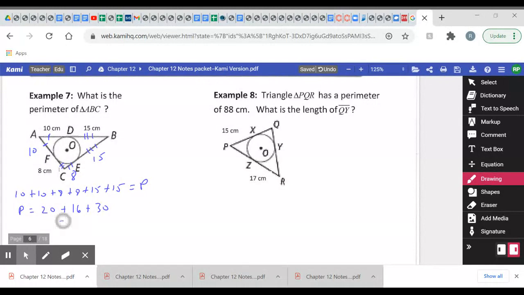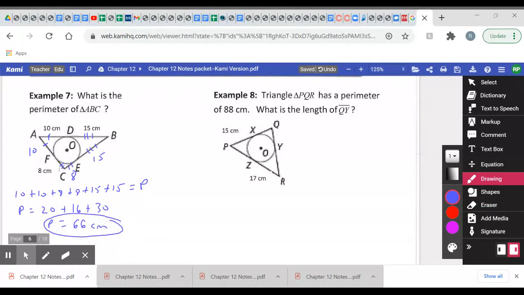And then if I add that together, I know that perimeter is 66 centimeters. Oops, that's backwards. Okay, so 66 centimeters there. So those really aren't too bad if you know that one little rule.